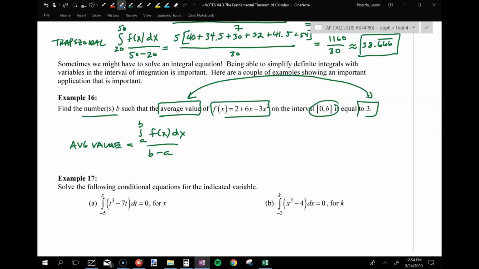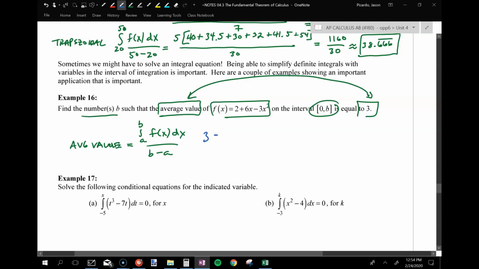So what do I know here, guys? Do I know what the average value is? Yeah, it says it right there. It's 3. What's the beginning of the interval? It's 0. The ending is b. The integral of the function over b minus 0.